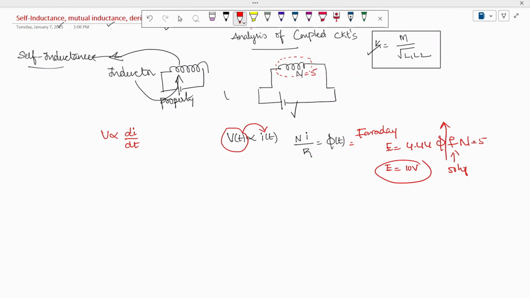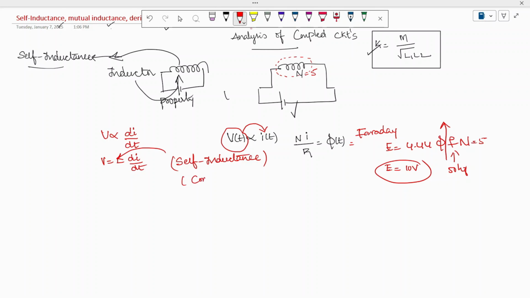Why is it changing? Due to a property called inductance. V equal to L di by dt, where L is the constant of proportionality, which is called self-inductance.